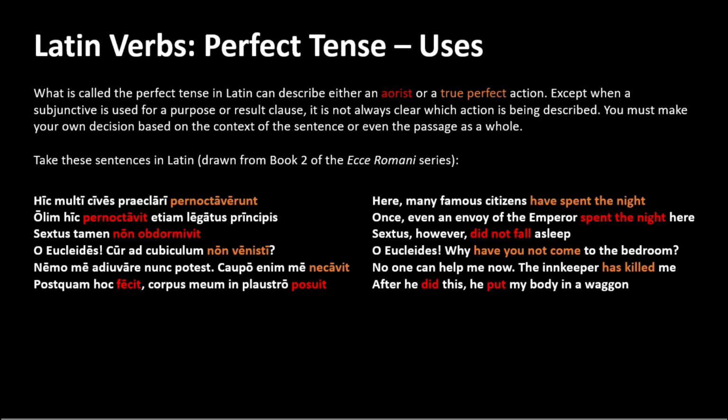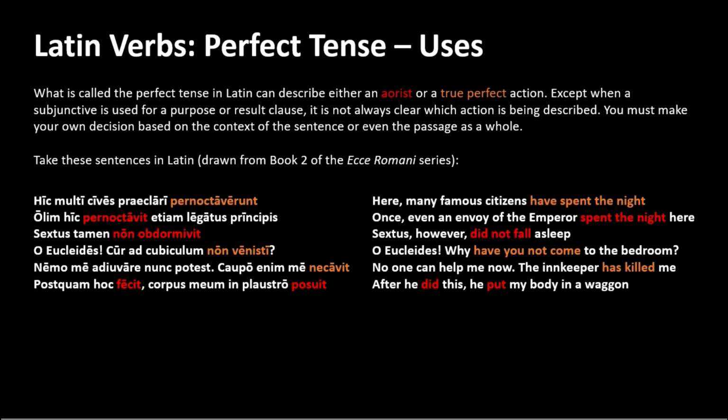Undeniably, these are events which happened in the very recent past, but looking at the actions purely in themselves, they have no continuing effect on the present. Therefore, this particular use of the perfect in Latin is best translated into English as an aorist.